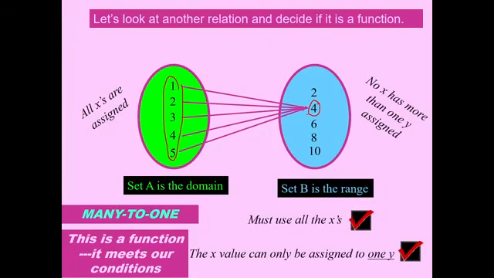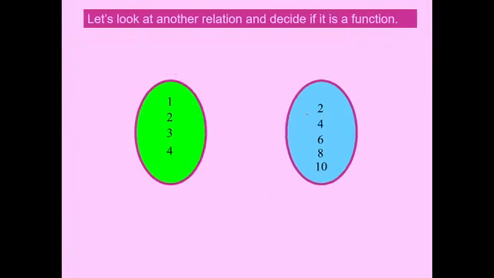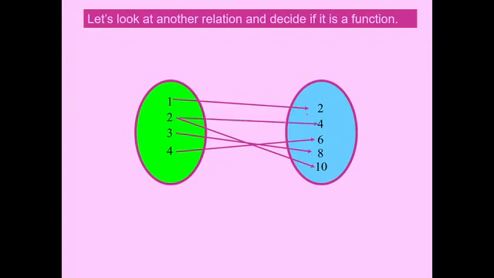So take note, you already know that a one-to-one relation and a many-to-one relation, they are both functions. Let's have the third kind of relation. I'm going to be assigning 1 to 2, 2 to 10, 3 to 8, 4 to 6, and I'm going to assign 2 to 4 again.